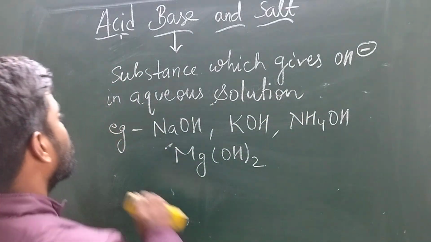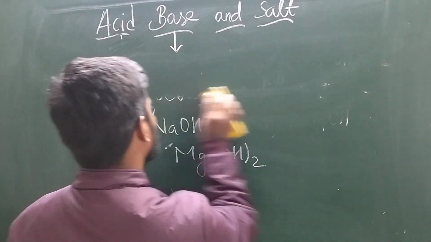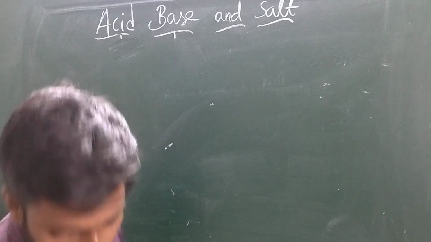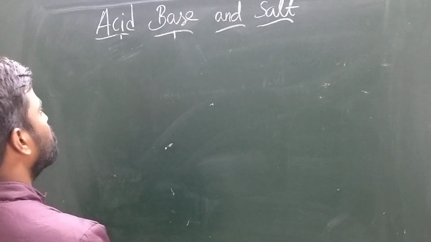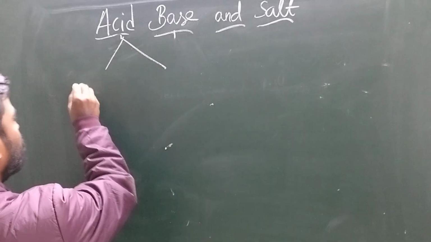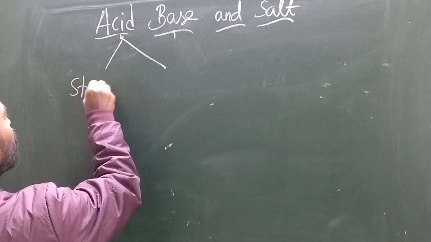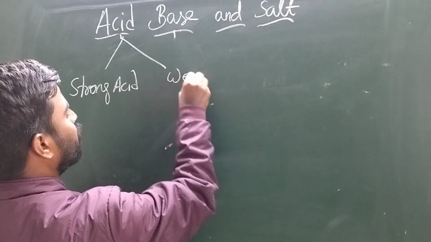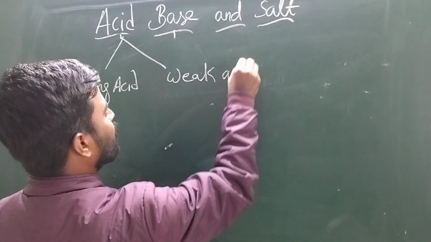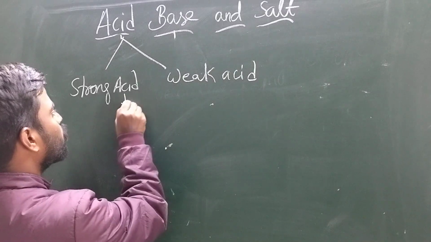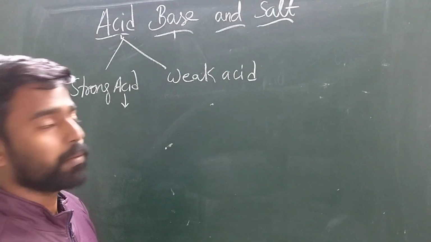Now, acids have been classified into various groups. One by one, we will discuss the categories of acid and base. First of all, the first category is strong acid and weak acid. What is a strong acid and what is a weak acid?